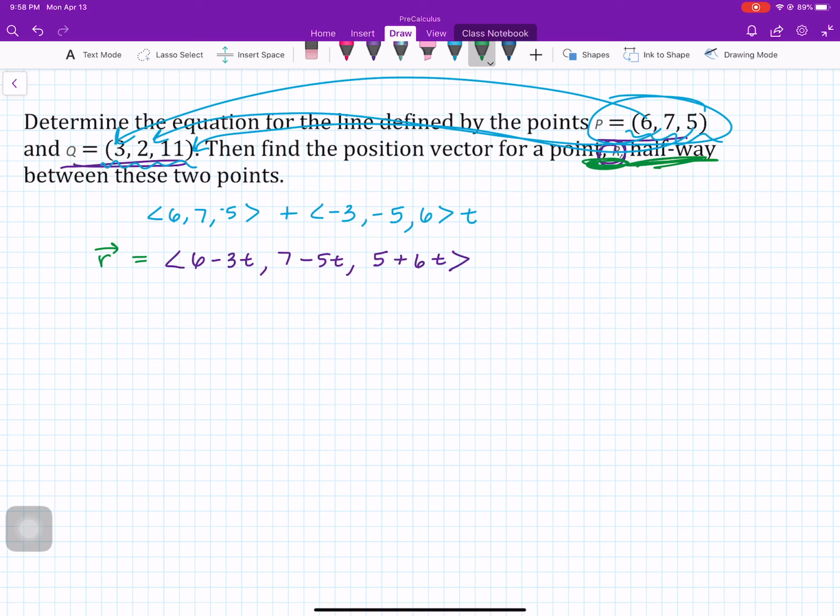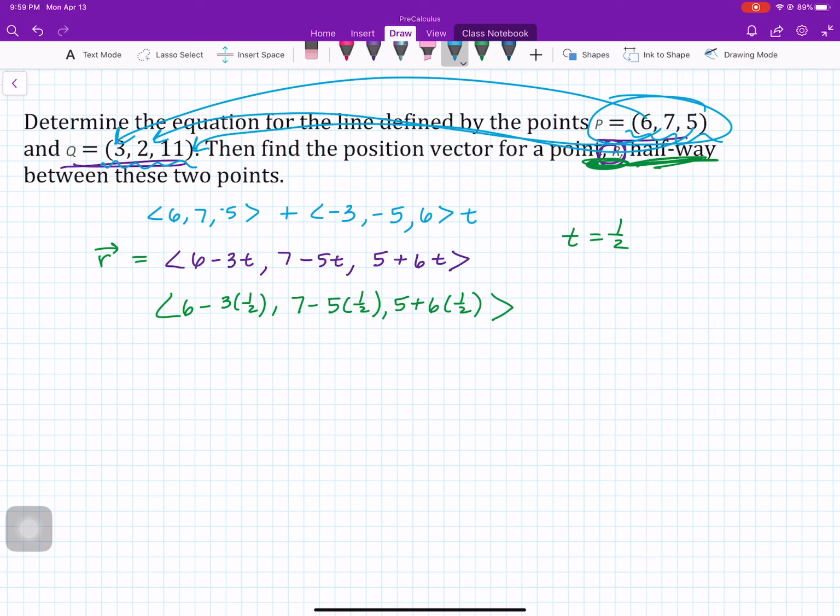So if you want to go halfway between P and Q, you would simply set your t to be half. So this is 6 minus 3 times a half, 7 minus 5 times a half, and then 5 plus 6 times a half. And this would be the position vector that is halfway between these 2 points on this line.